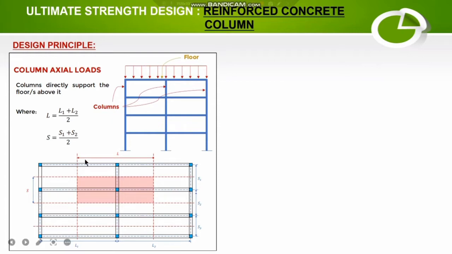For the long side, the tributary length is one half of L1 and one half of L2. Thus, our long side L is equal to L1 plus L2 over 2. And for the short side, it is also one half of S1 and one half of S2. Thus, S is equal to S1 plus S2 all over 2.